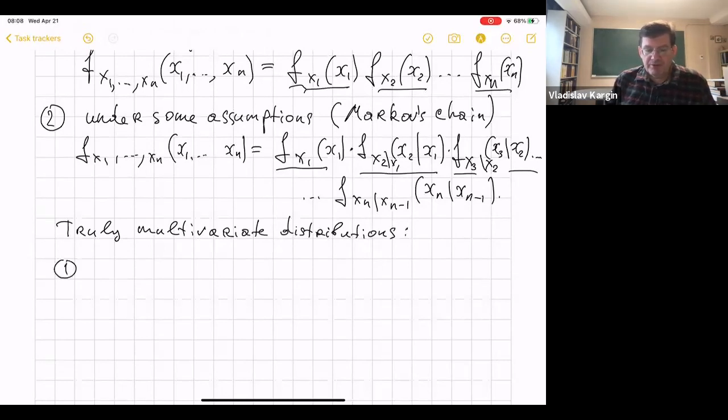The first one is the multinomial distribution, which we will talk about in a couple of minutes. And the second one is the multivariate normal distribution.